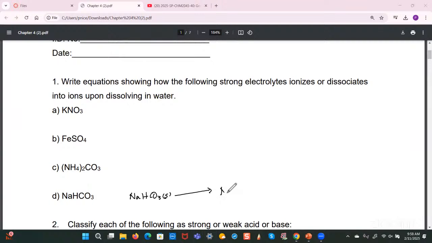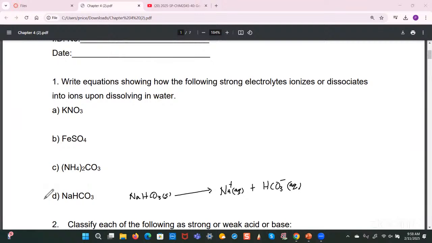Na plus aqueous, and what? HCO3 minus aqueous. Very good. All right, so that's relatively easy.